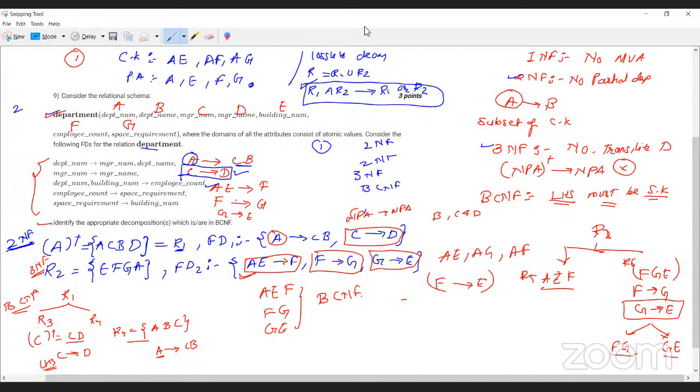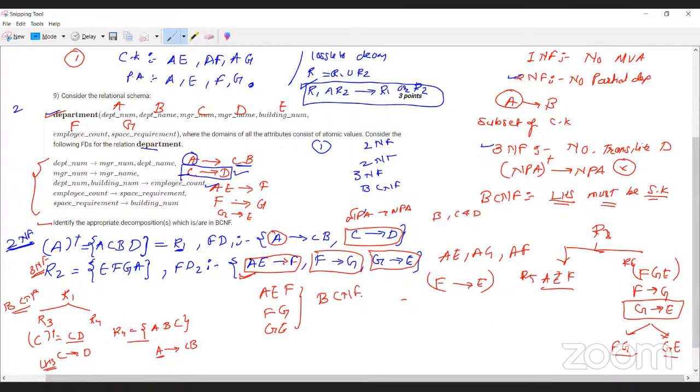So why are we not calculating G closure? We calculate the G closure only, and from that we are getting GE, right? My understanding is that since we have two functional dependencies that don't satisfy the BCNF condition, we would have R5 as F closure, R6 as G closure, and R7 as the remaining attributes plus the common attribute, like we were doing previously.